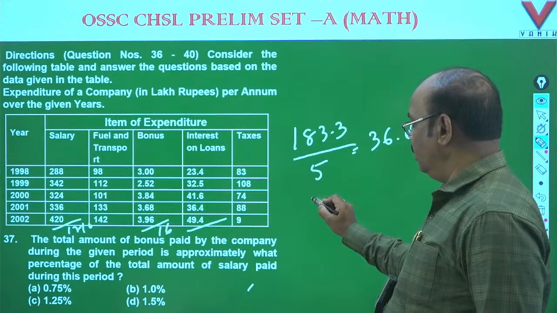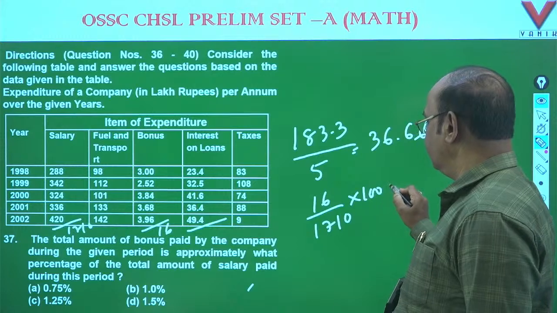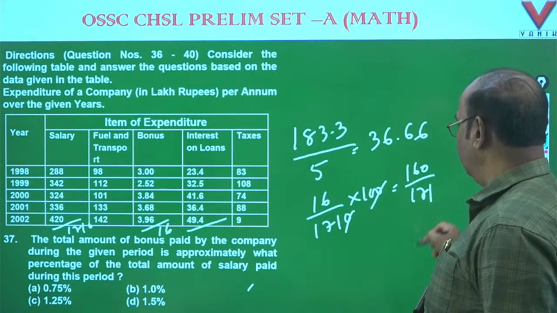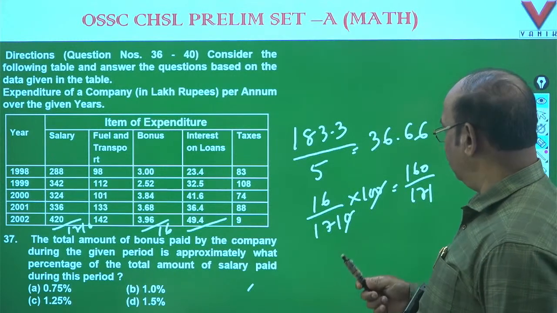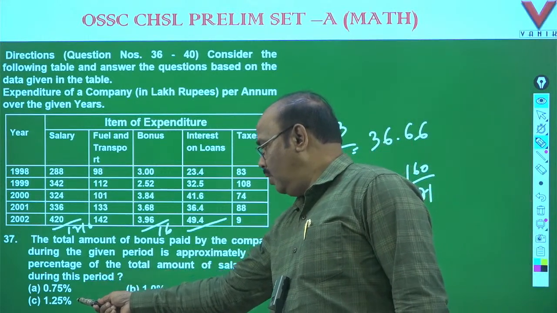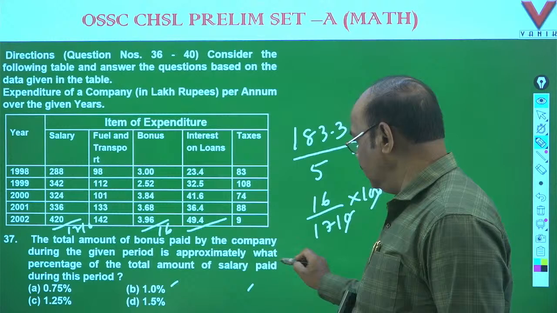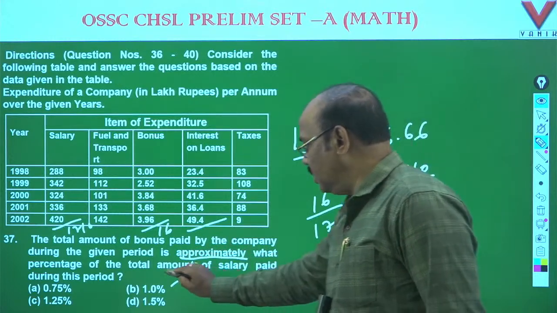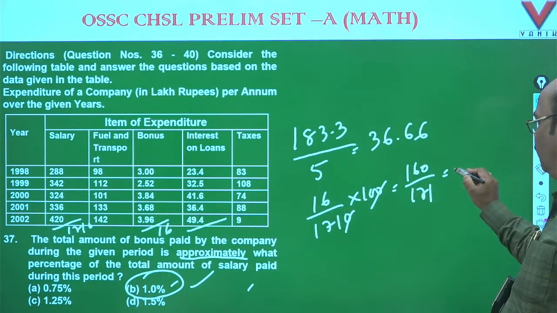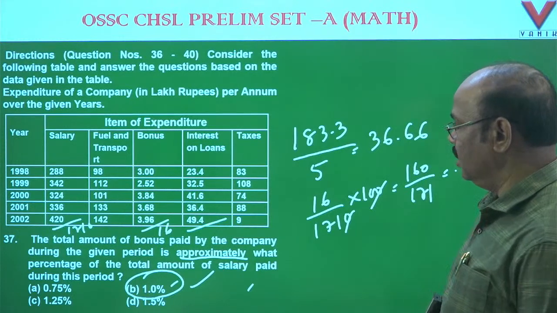Then 16 by 1710 into 100, so it is approximately 1.5, about 0.935, approximate to 1. So option B is the answer.